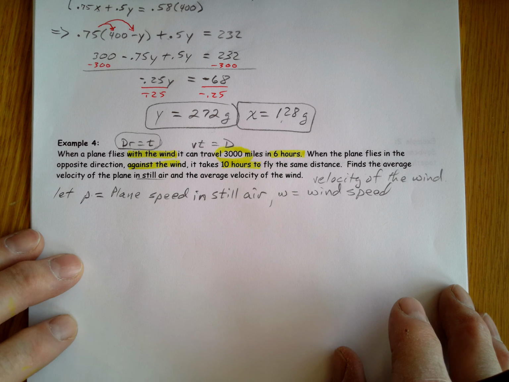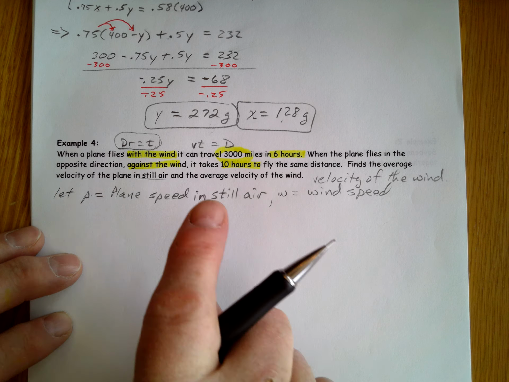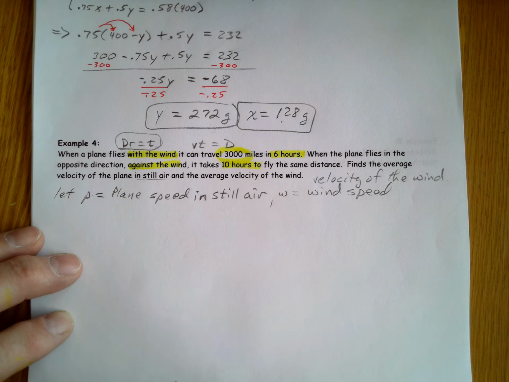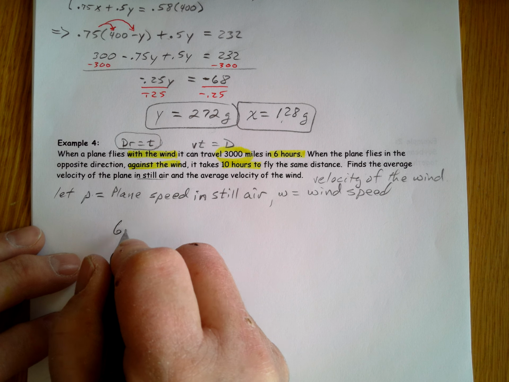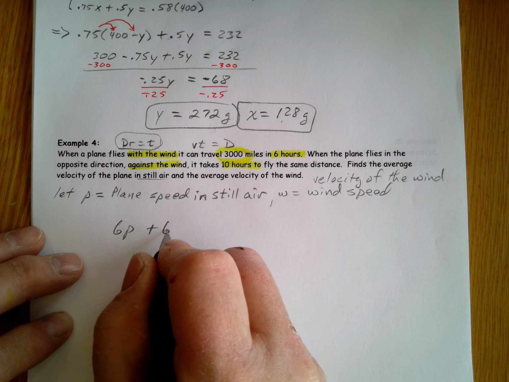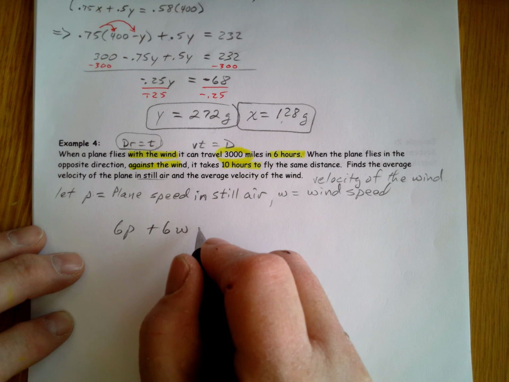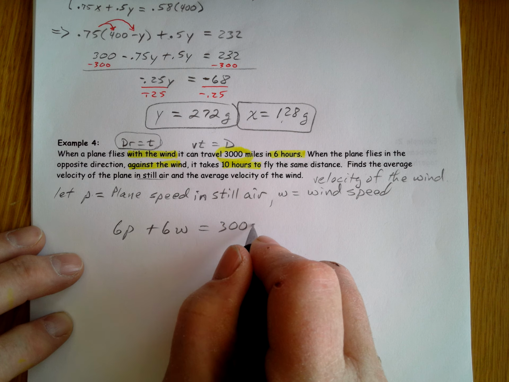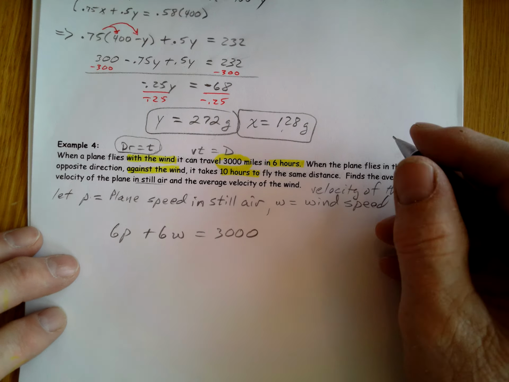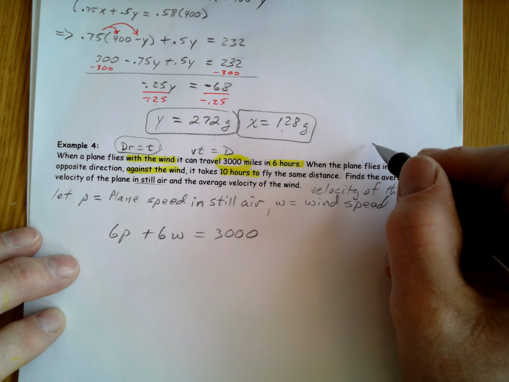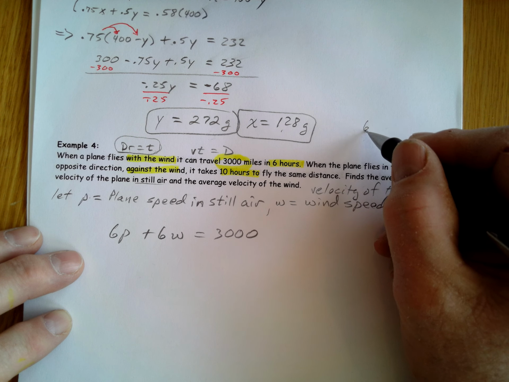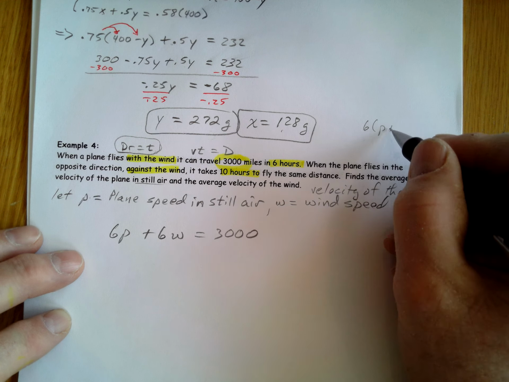So I'm going with the wind, and it takes me 6 hours. Okay, 6 times the plane speed plus 6 times the wind speed is equal to 3,000. Okay, now we could have said something like this. I'm going to write it up here. We could have said, hey, it's 6 times the plane speed plus the wind speed, and it equals 3,000.